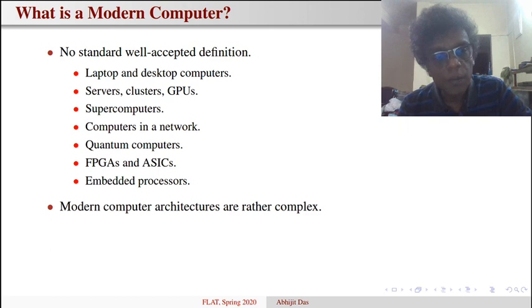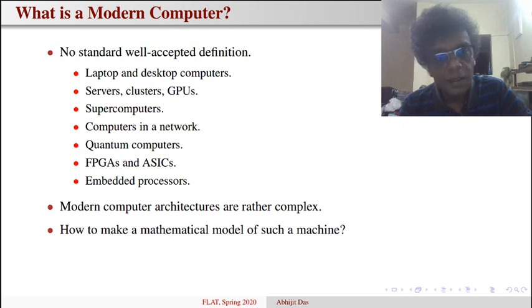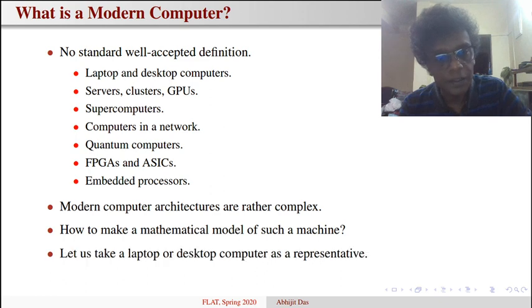And on top of that, unlike Turing machines, the internal architecture of modern computers, even if it's a small processor like an embedded processor, is quite complex. And mathematically modeling them is a challenging task. So how to make a mathematical model of such a complicated machine of multiple varieties?